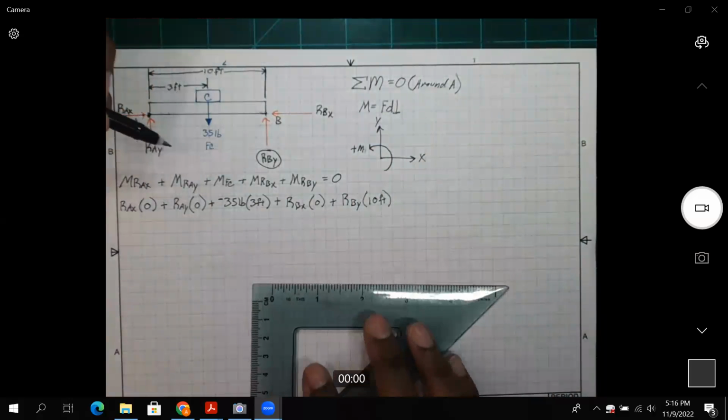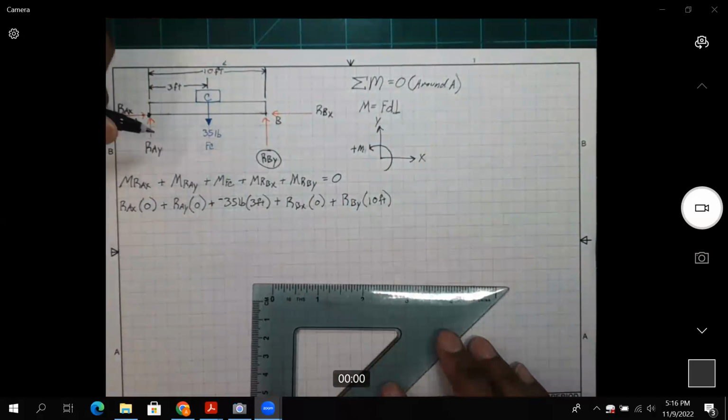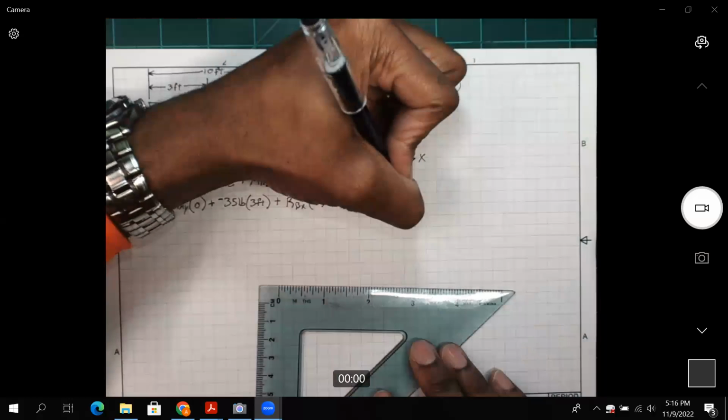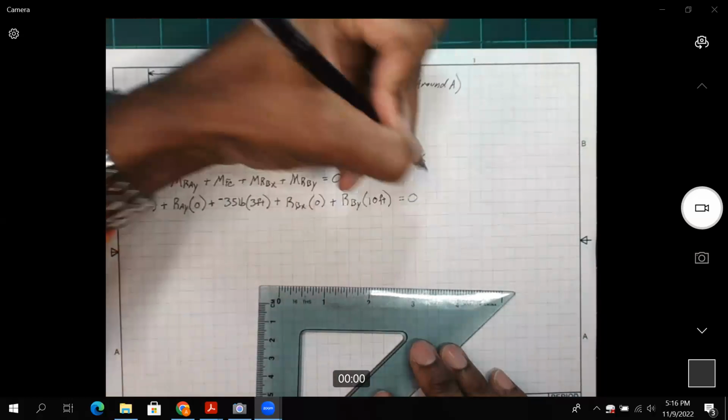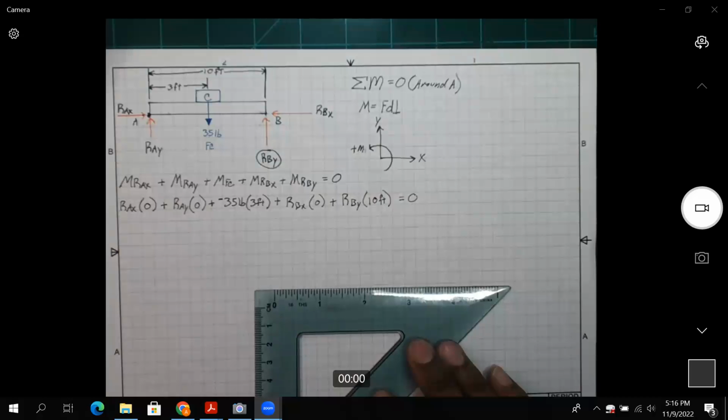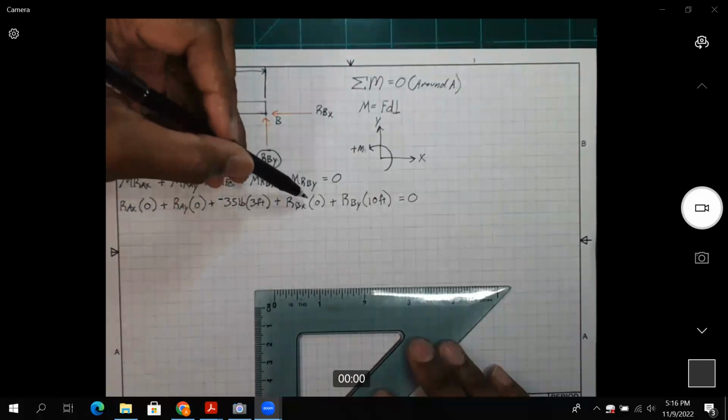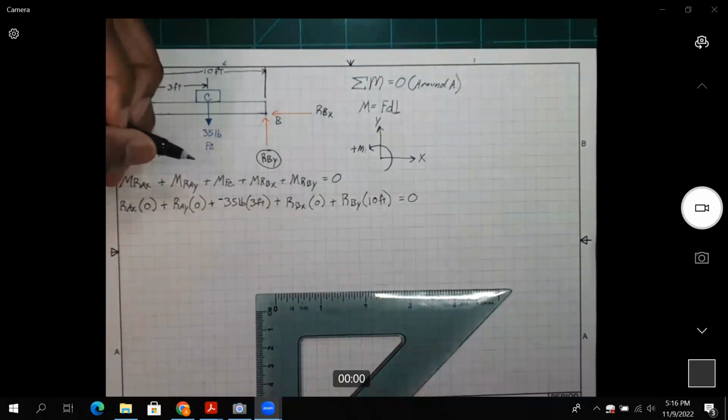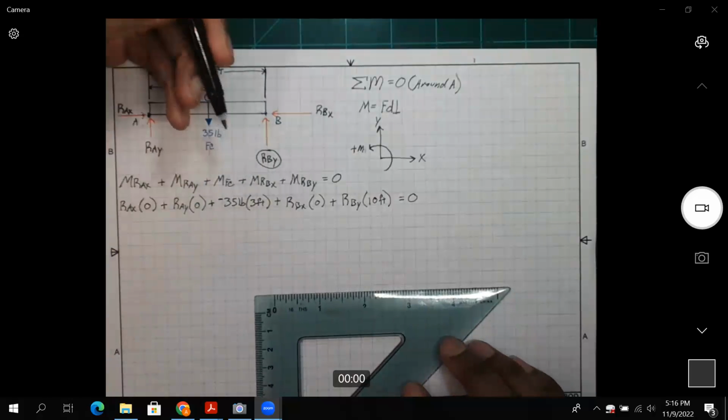So now what we can do is just go ahead and solve. All of this must equal 0. So RAX, RAY, RBX, all of those cancel out, right? So what I'm going to do is just go ahead and do the math.